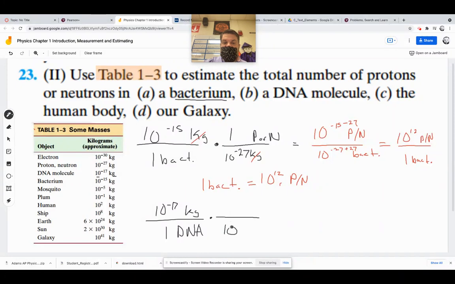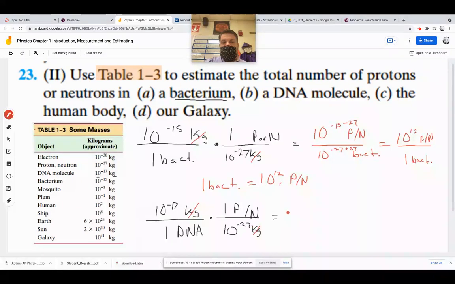So it's just going to be 10 to the negative 27 kilograms is how much 1 proton or neutron weighs approximately according to the orders of magnitude. What cancels? The kilograms.